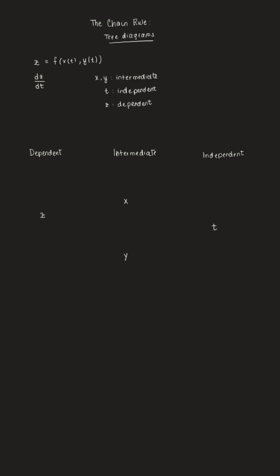So we know that a change in z comes from a change in x and a change in y. And because z depends on more than one quantity, the change that comes from x is a partial derivative of z with respect to x. And the change that comes from y is the partial derivative of z with respect to y.